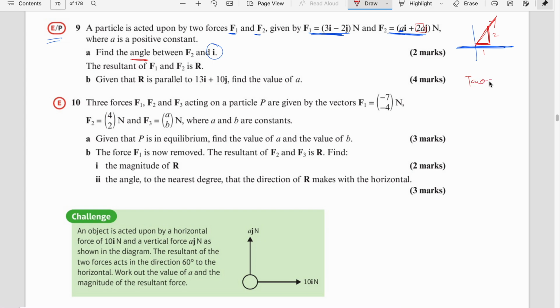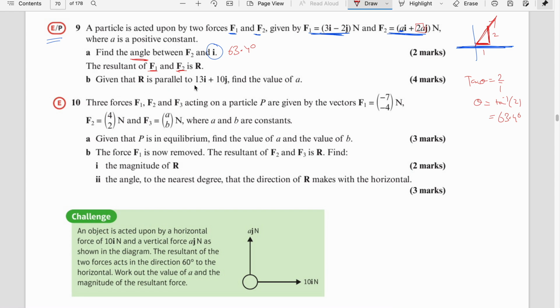So tan theta equals perpendicular over base, theta equals tan inverse of 2. So shift tan of 2 is 63.4. So the angle between F2 and i is 63.4 degrees.